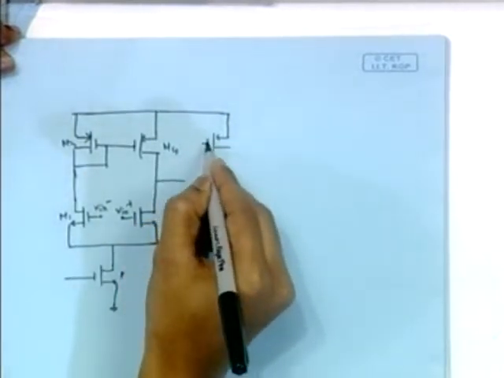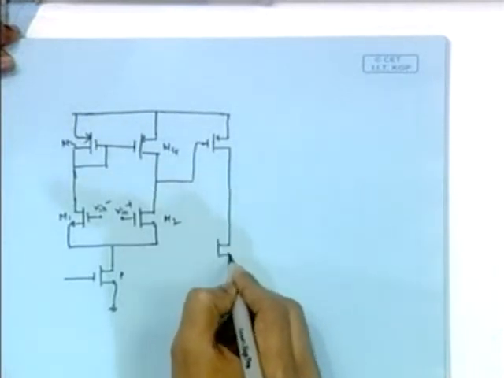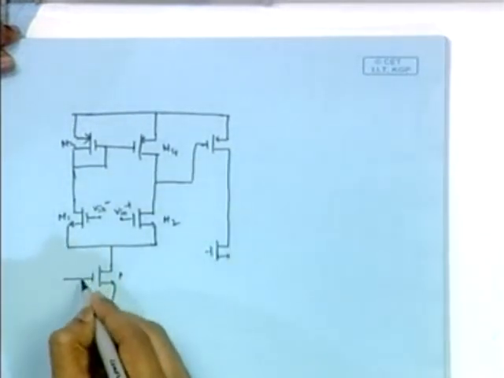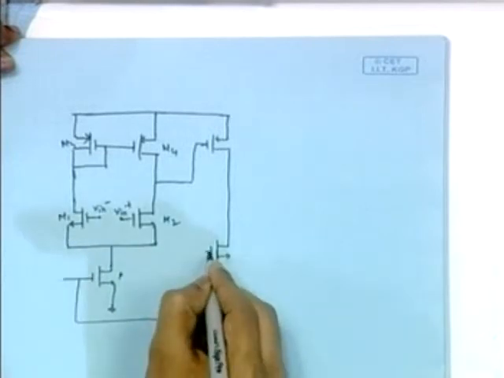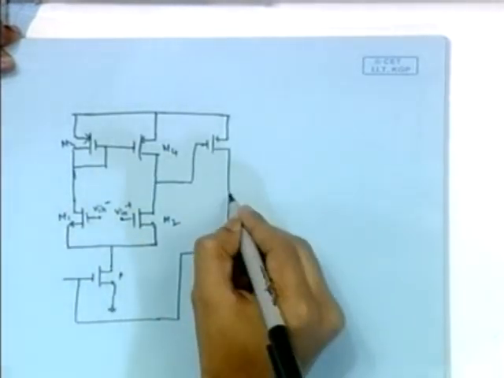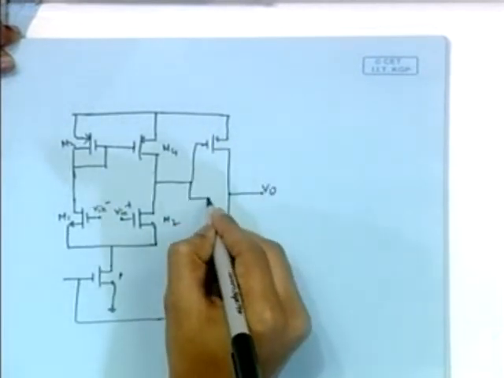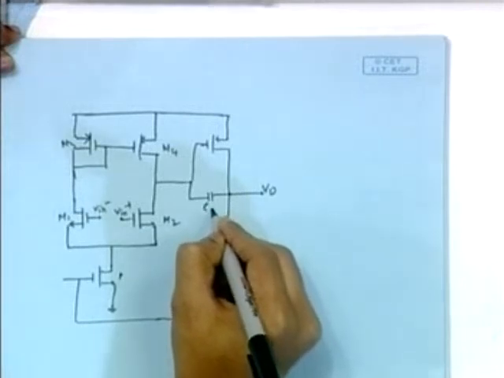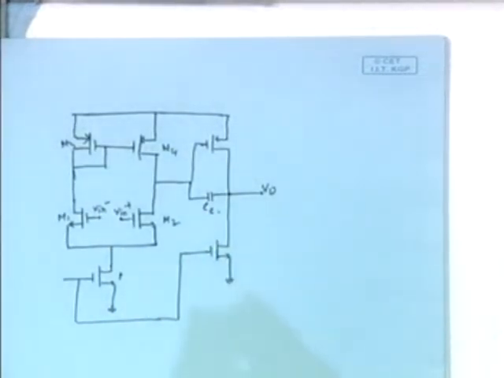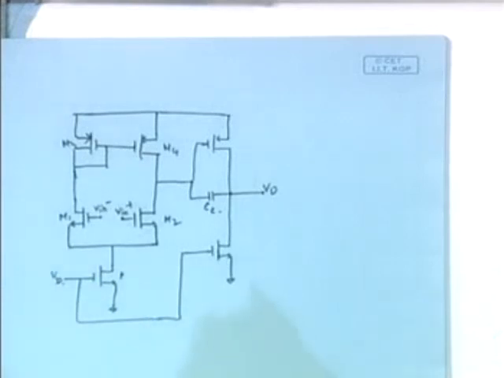Something like this. This comes there. So here is the V out and this is the CC. This is the whole structure. This is VB, the bias.